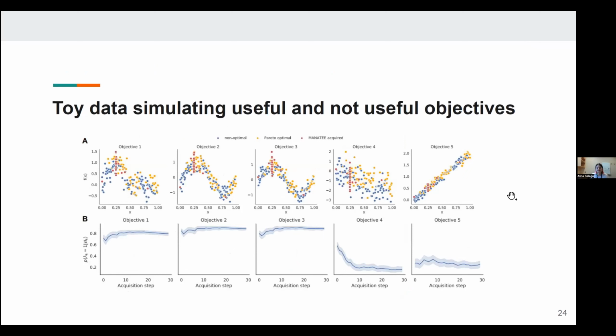Okay, so the first evaluation is just based on toy data, to give an intuition of how this works. The idea here is that we simulated 3 objectives that represent the useful objective case, and then 2 that are not useful. The first 3 sines are the useful objectives. They're all sine forms, except this one is a ReLU sine and also has larger noise than these 2.